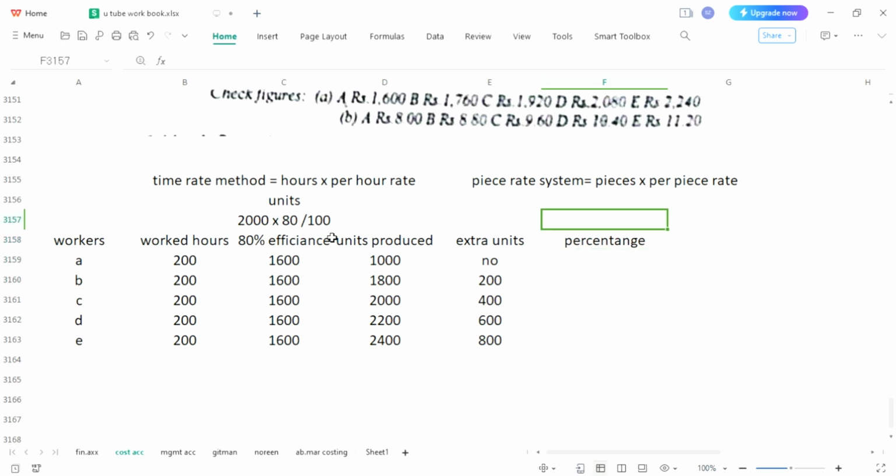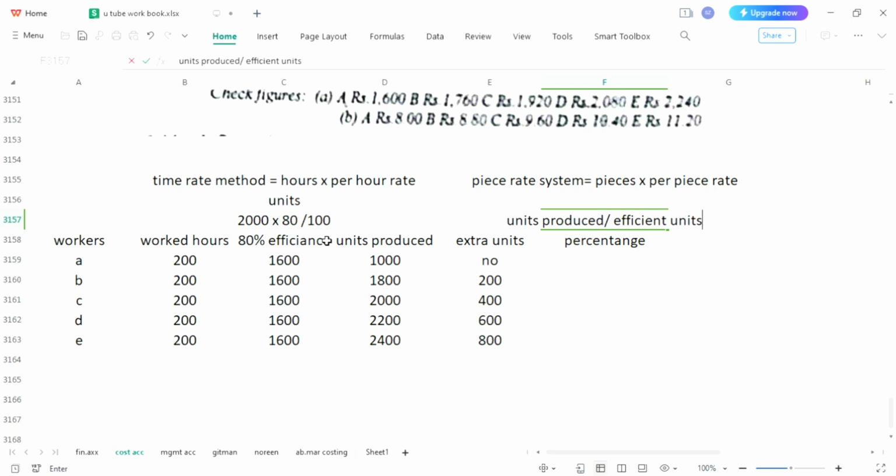What you will do: units produced, divided by your total number of units, meaning efficient units. I'm just looking for the space, efficient units.